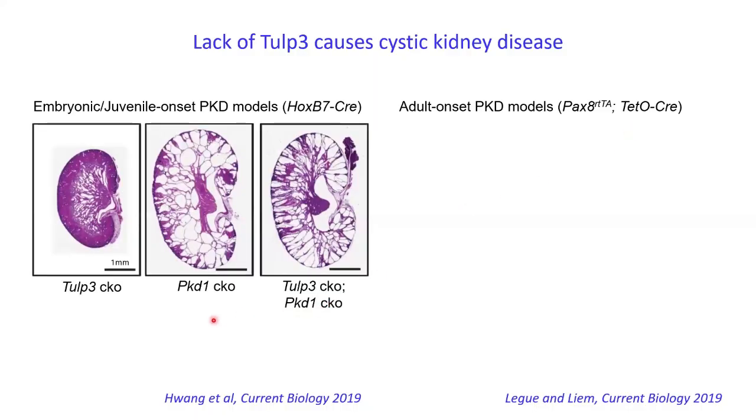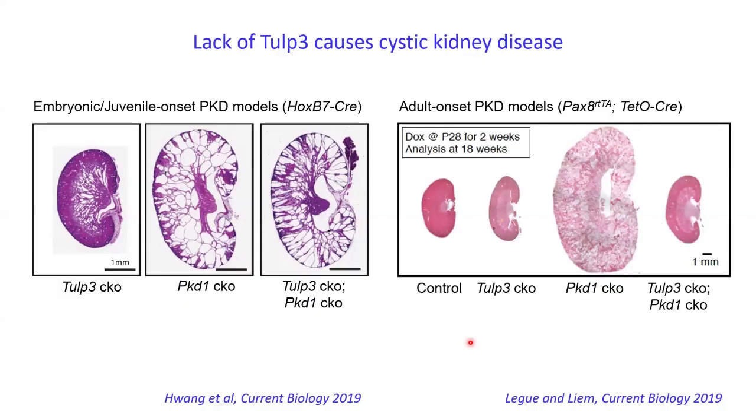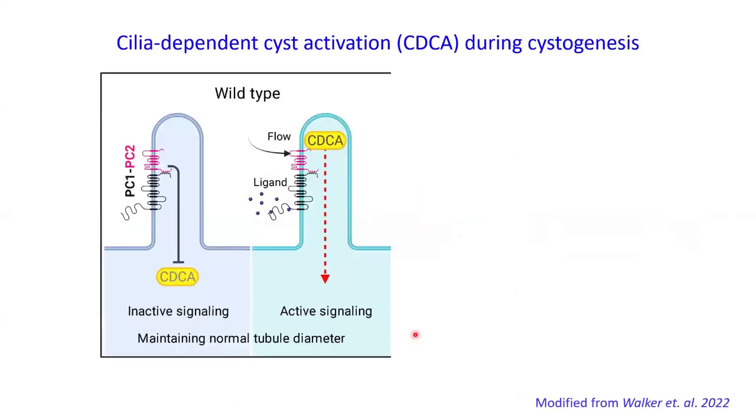In embryonic TRP3 conditional knockout, cysts slowly developed, but it cannot suppress the cyst growth in PKD1 double knockout. Unlike this embryonic case, in the adult onset, loss of TRP3 can almost completely suppress the cyst growth upon PC1 loss. Clearly, TRP3 has a role in cystogenesis, and it is different in embryonic and adult PKD.